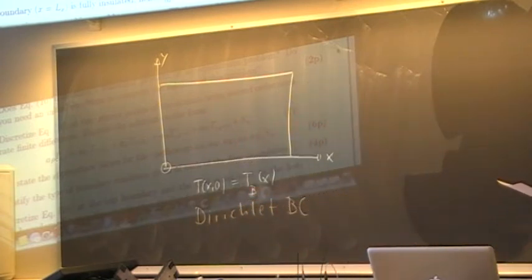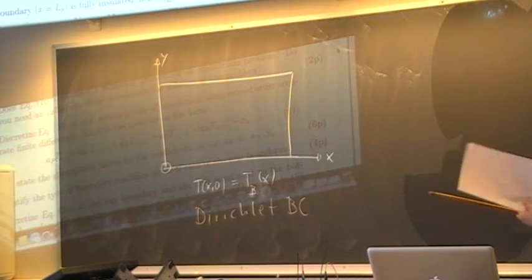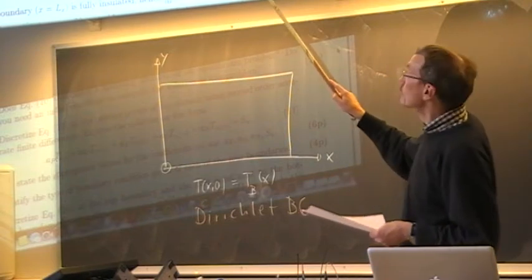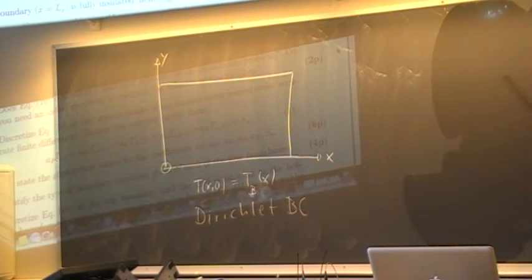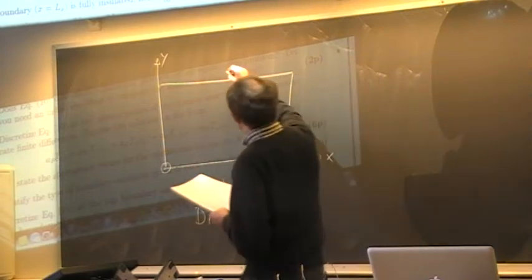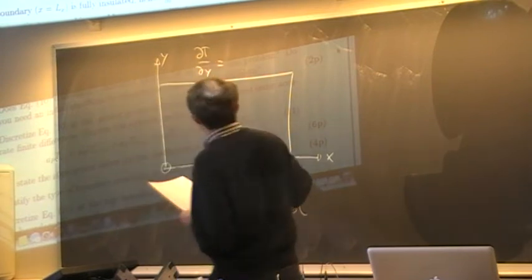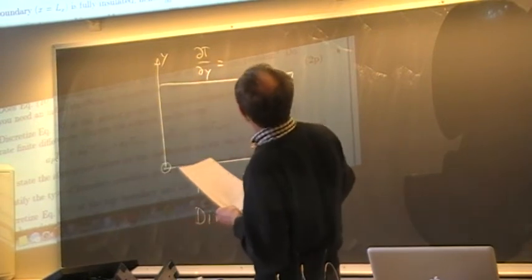Top boundary. And the gradient is given. We have the heat flux given there. That would be such an example. That means we have given there at the top, dT/dy is a function g of x.